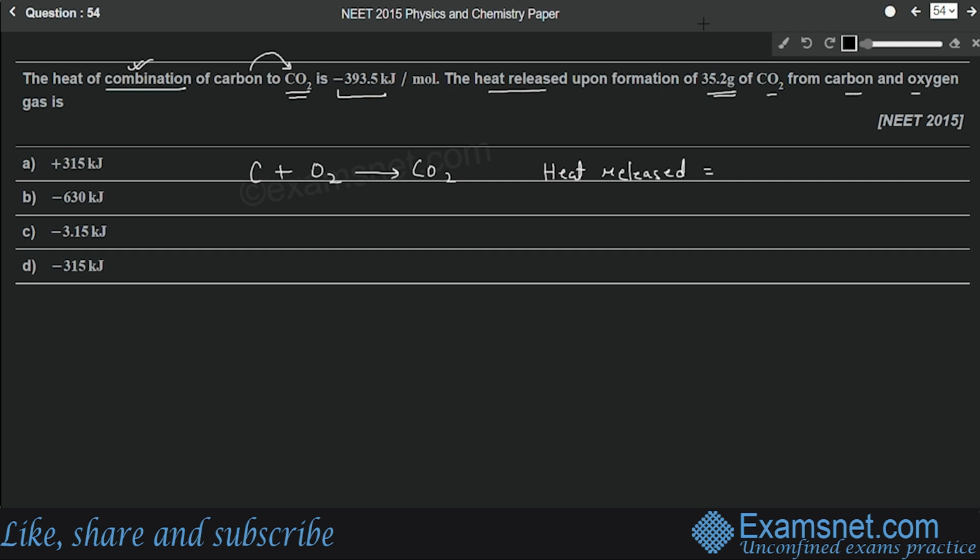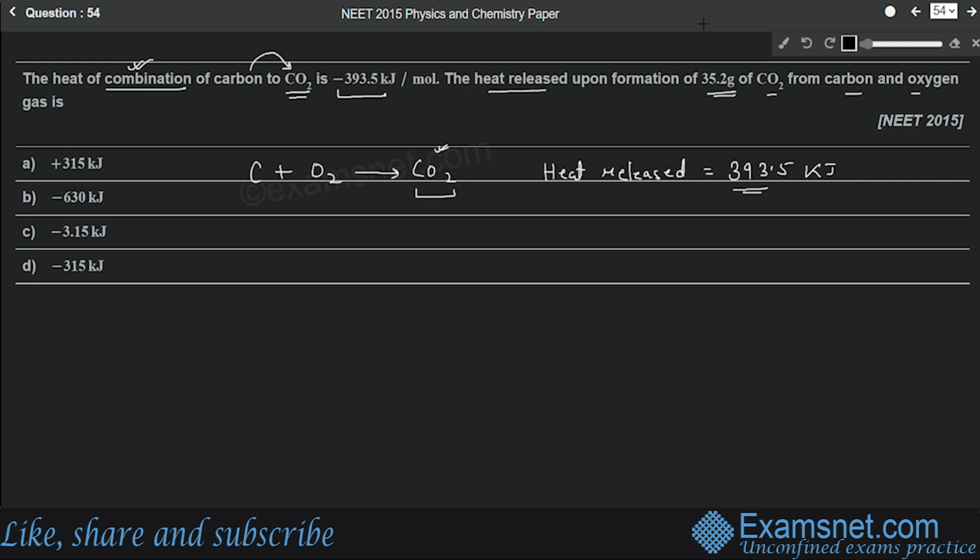The heat released during this process is equal to 393.5 kilojoule. So it means that minus 393.5 kilojoule per mole means for the formation of 1 mole of carbon dioxide, this is the amount of heat released.